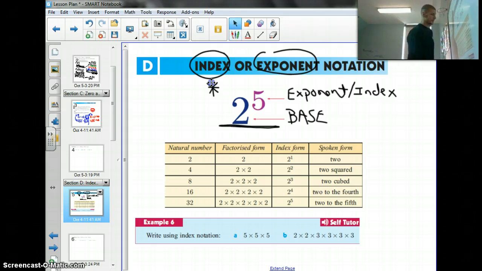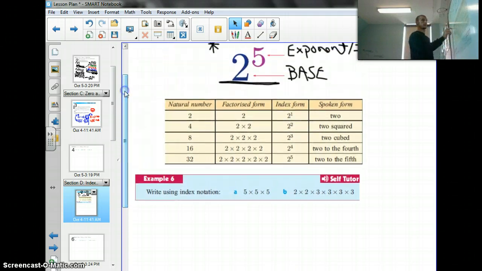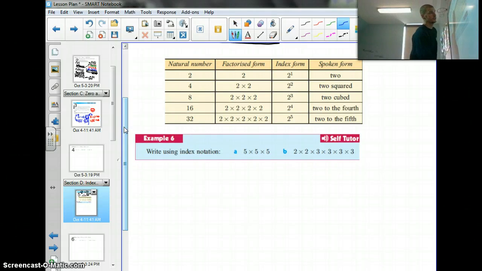Now, it's important that we have a look at this chart here. You have to know this. Natural number basically just means the number that it equals.